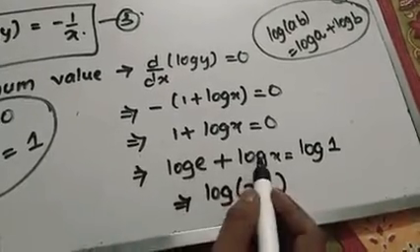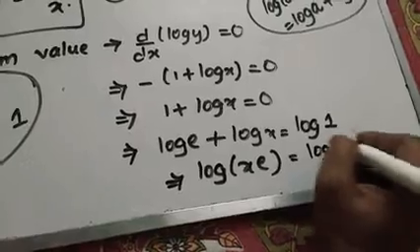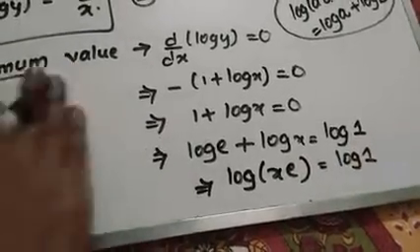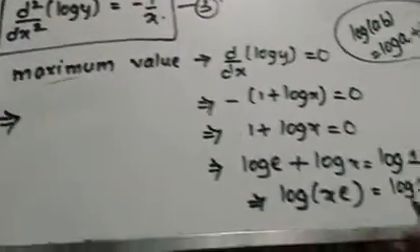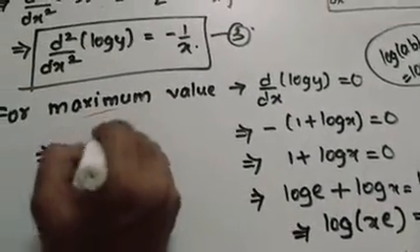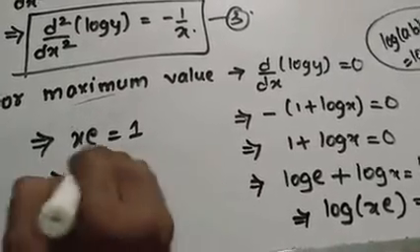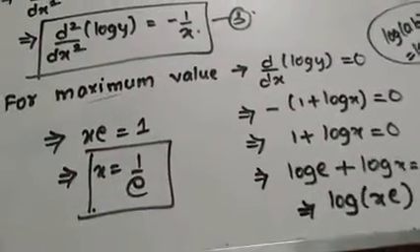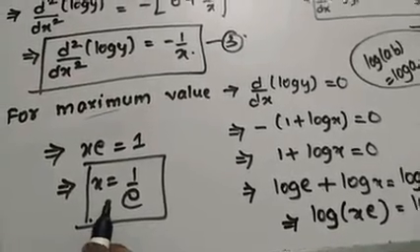So log e plus log x equals log of xe, and on that side log of 1. Now the log on both sides cancels, so finally after cancelling log from both sides, xe equals 1. So finally the value of x is 1 by e. So this is the point. We got the point where the maximum value arises.